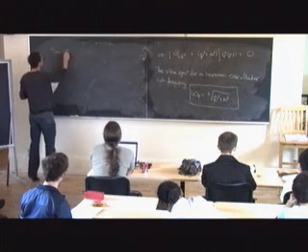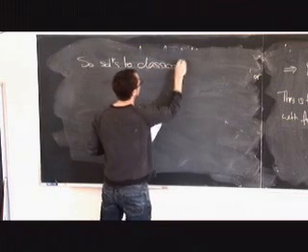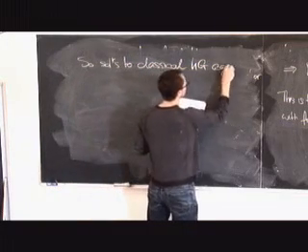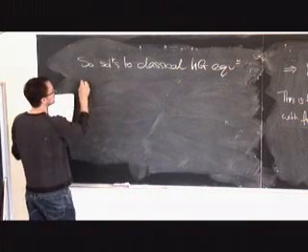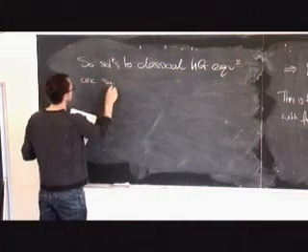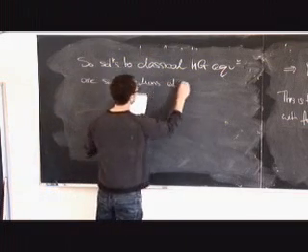So solutions to the classical Klein-Gordon equation are superpositions of simple harmonic oscillators.